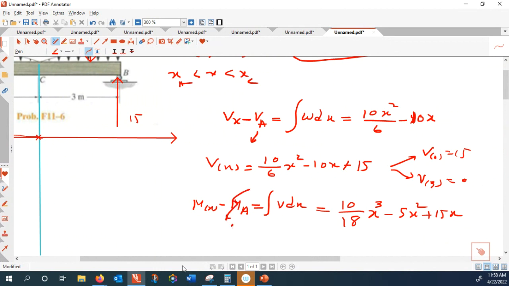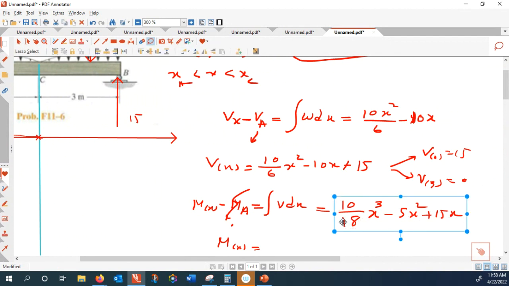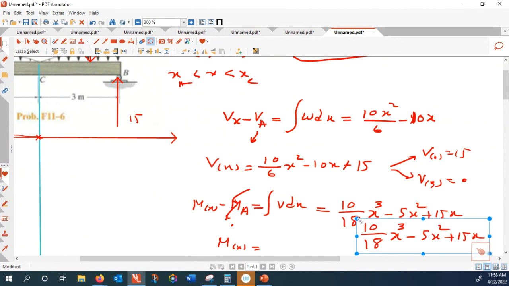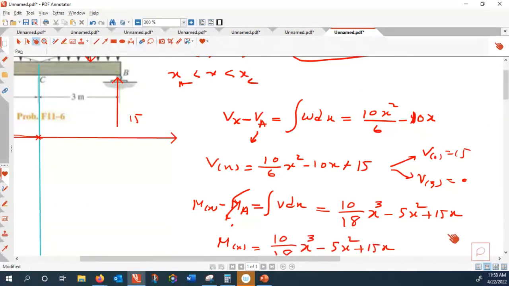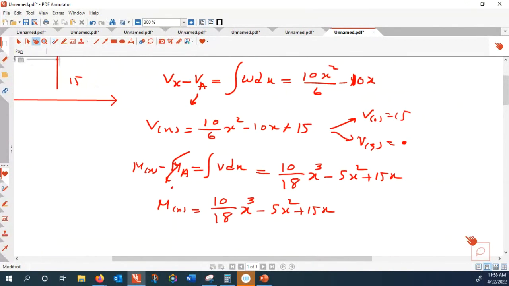And m of a is 0. There is no bending moment to begin with. So therefore, m of x is... so we can test this one by plugging x equal to 0, that is m of a, m of 0, that is equal to 0.